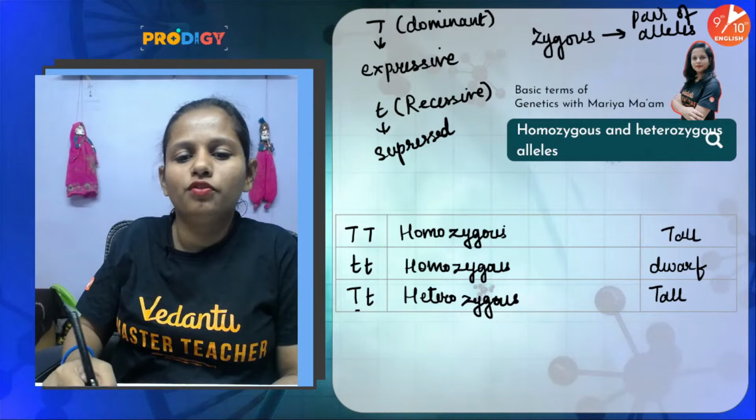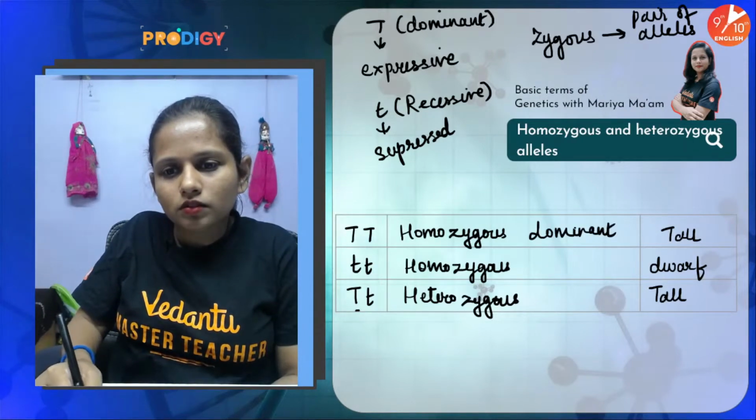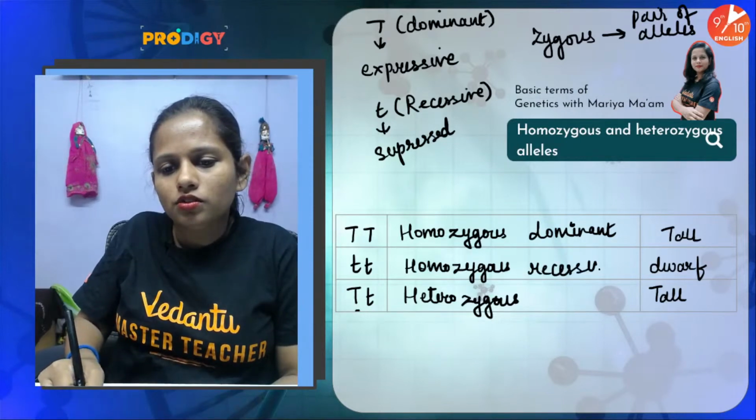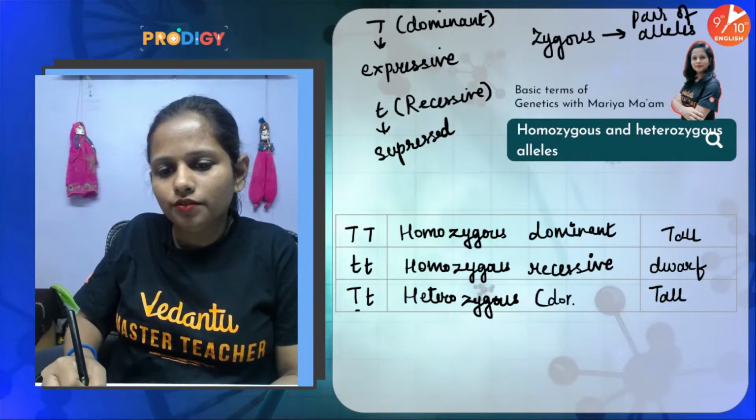So, the first pair of alleles is homozygous dominant. The second is homozygous recessive. And the last one, of course, heterozygous, which is going to be dominant only.